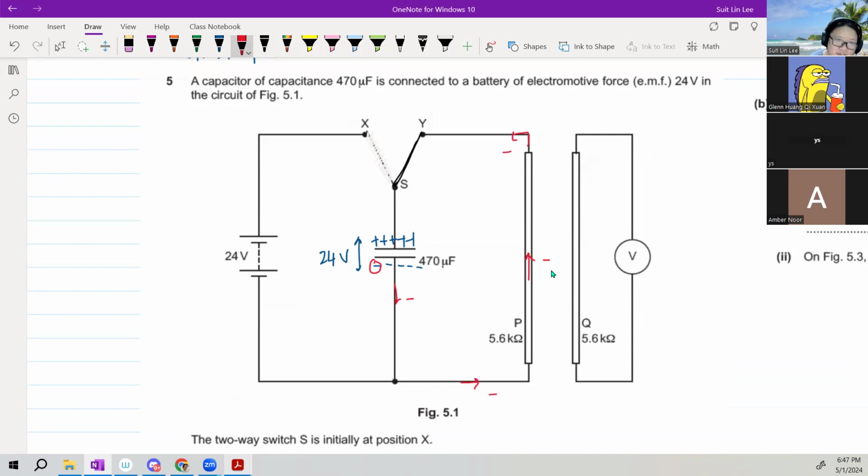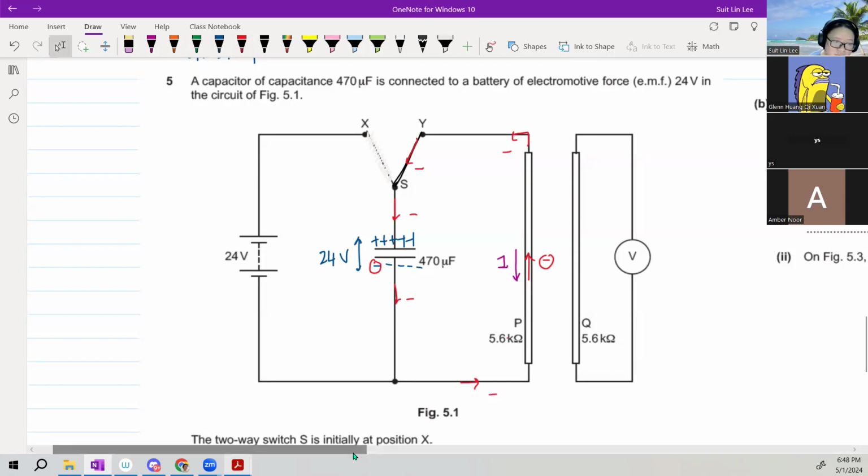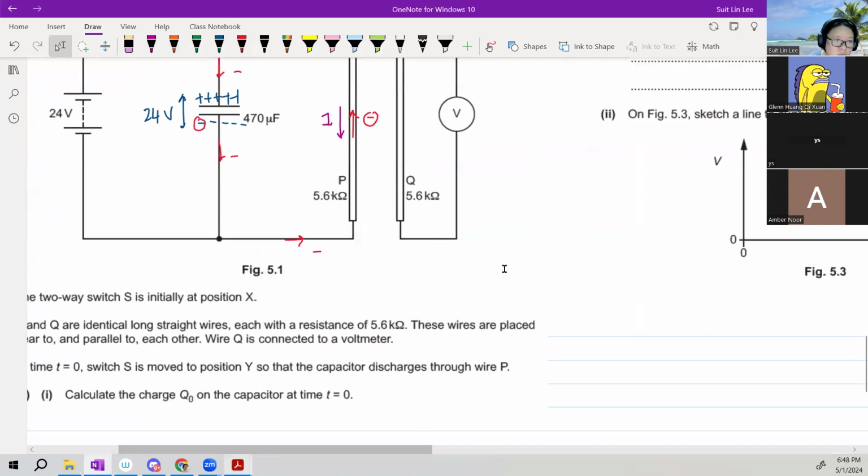I am going to neutralize you. I am coming. So the negative charge will come down. If the negative charge goes in this direction, it also means that current flows in the opposite direction, conventional current flow.